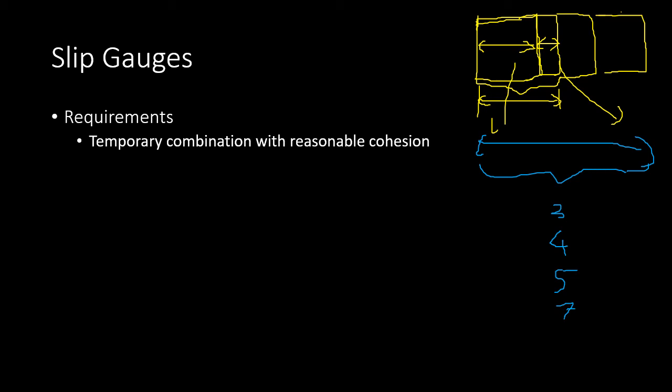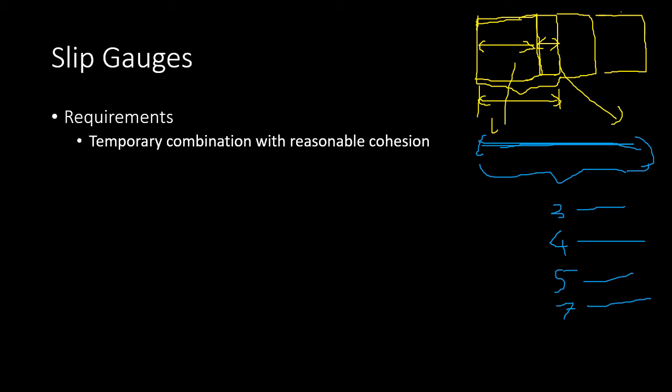So out of the total slip gauges available in the set, it is possible for us to build this dimension by using 3 slip gauges, 4 slip gauges, 5 slip gauges, and 7 slip gauges. But always we want to come up with the minimum number.